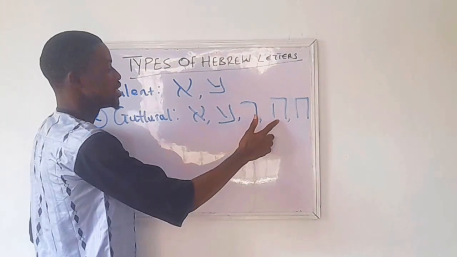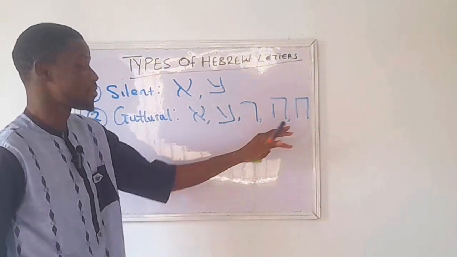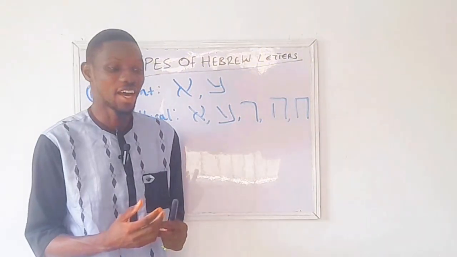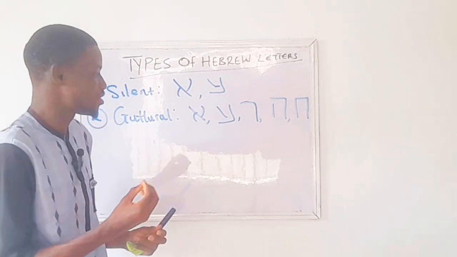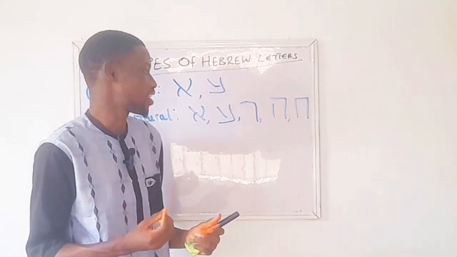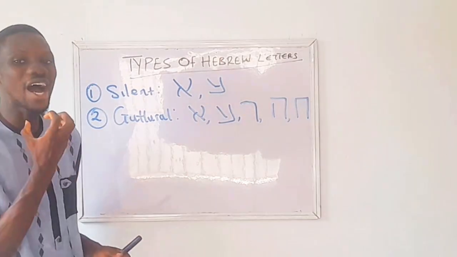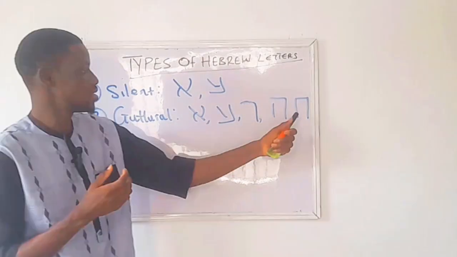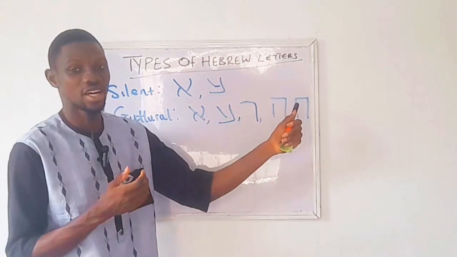This is Resh. Right, in English it is R. Okay, you get. This is Hey, and this is Chet. This has a unique way of pronunciation. And like I said, in the word Ruach, this is the last letter there. So that's actually how it's pronounced.